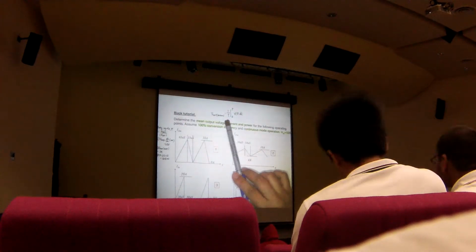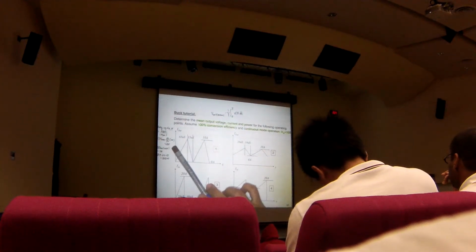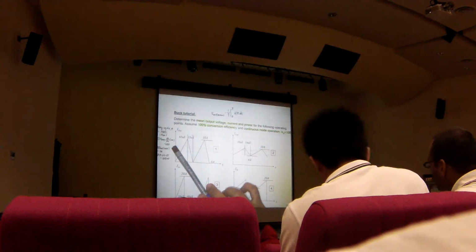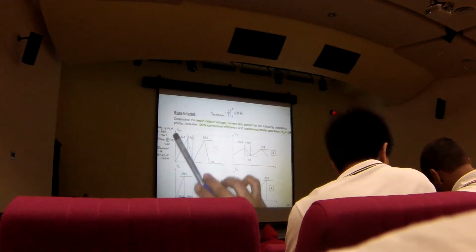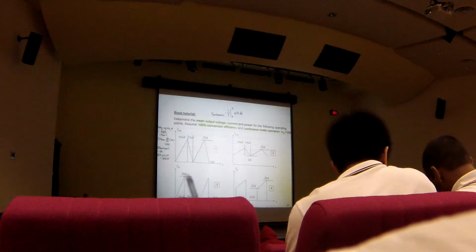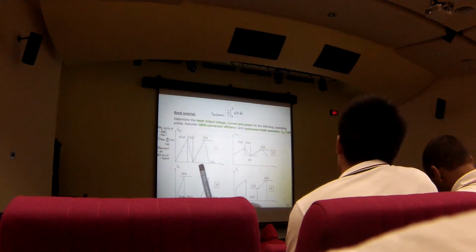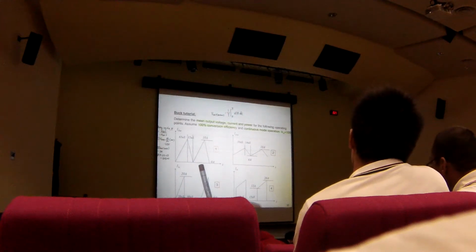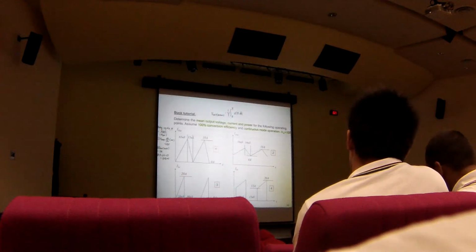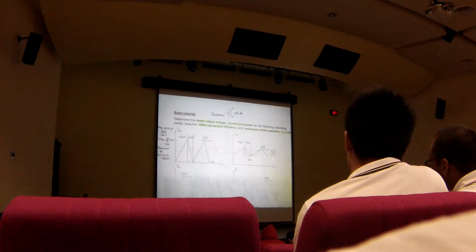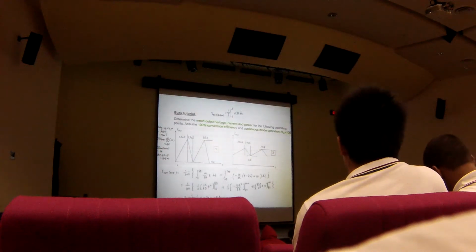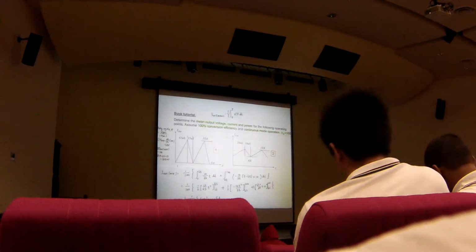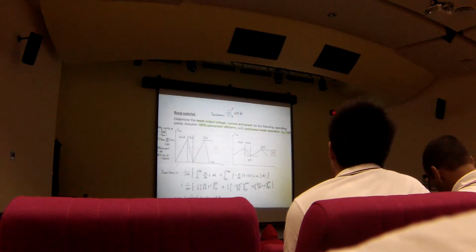Now you know your output voltage. Do you know your output current? You do not know, right? You're only given this waveform. From this waveform, you need to be able to calculate your average output current. How do you do this? I'm just doing this as an example.